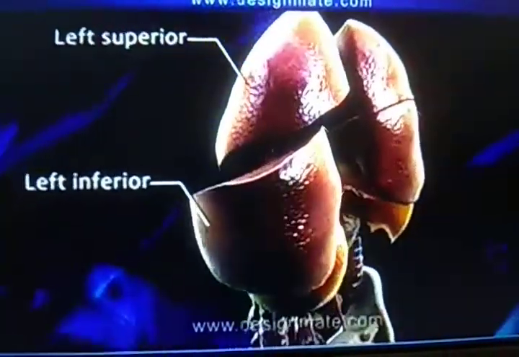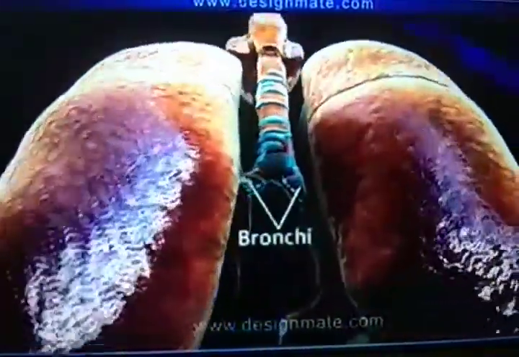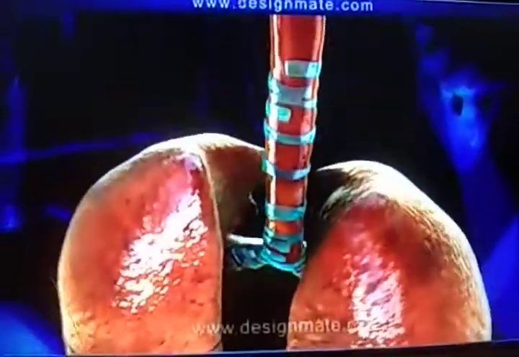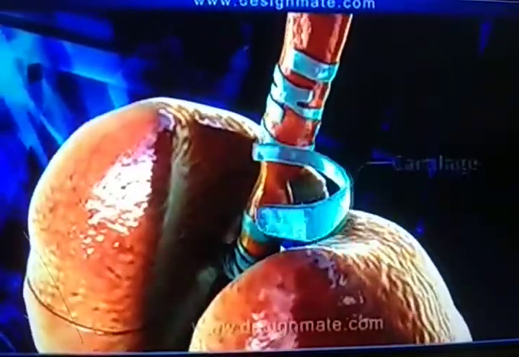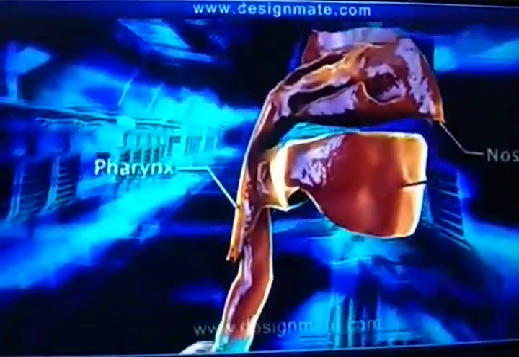Okay. So both the lungs are associated with the tubes known as bronchi, which extend through the trachea, and it is incomplete. It is covered by a C-shaped cartilage, which protects it from collapsing, and it leads to the pharynx, which is connected to the nostrils.